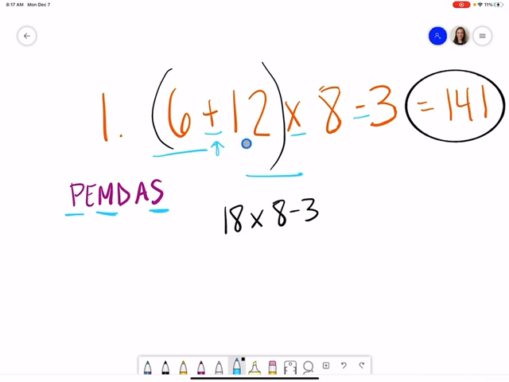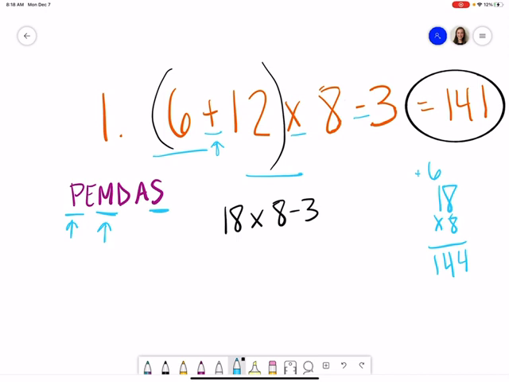We did our parentheses first. Next is multiplication. 18 times 8. Let's do it over here to the side. 8 times 8 is 64, so I'm just putting the 4 down there. 1 times 8 is 8, plus the 6 from up here is 14.